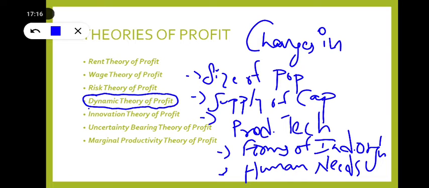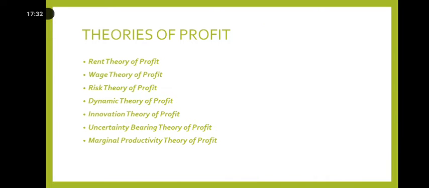So, Professor Clark identifies that the changes are size of population, supply of capital, changes in production technologies, changes in the forms of industrial organizations, and the changes in human needs.